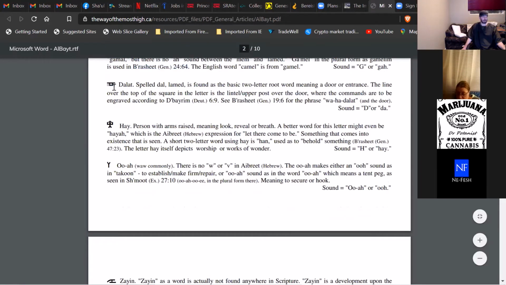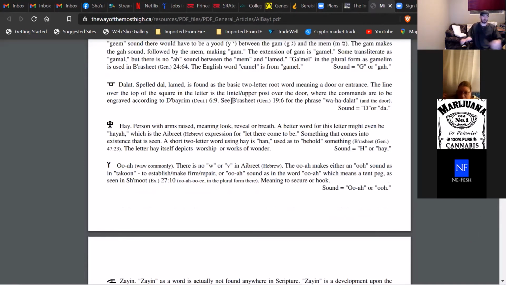Next letter is Dalet. You'll see this top line, which refers to the lintel, or the top piece of the door, and the square, of course, being the opening or entrance of the doorway. And so we'll go to Deuteronomy chapter 6, verse 9.